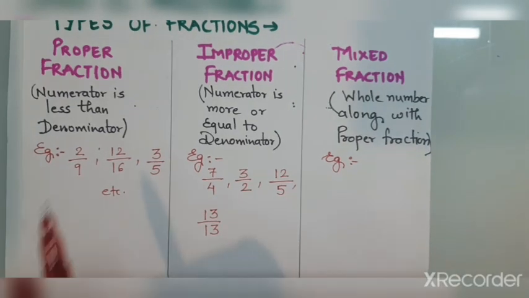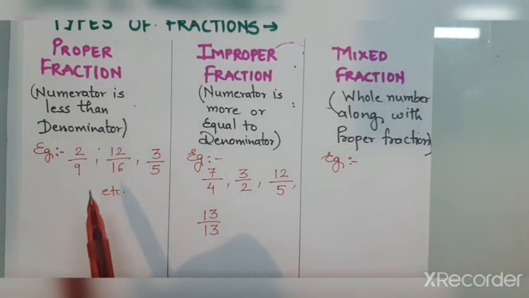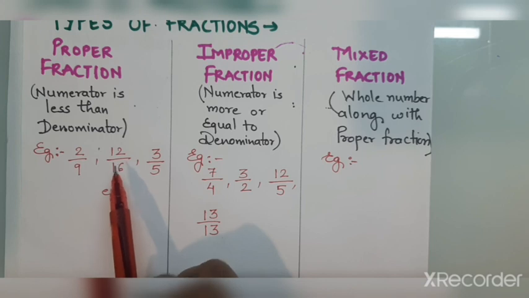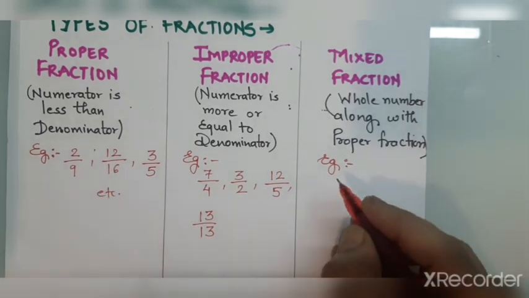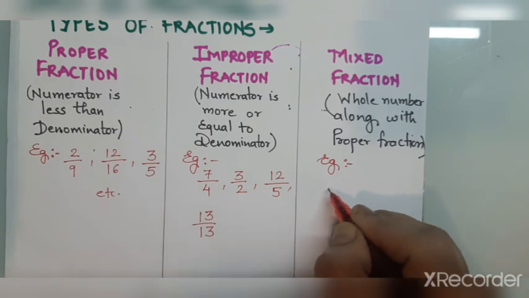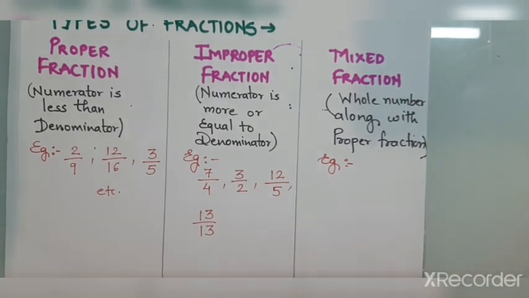Just now we studied what a proper fraction is: the numerator is less than the denominator. In a mixed fraction, we have a whole number. A whole number is any number, 1, 2, 3, 4, 5, 6, which doesn't have a numerator and a denominator, or whose denominator is 1.